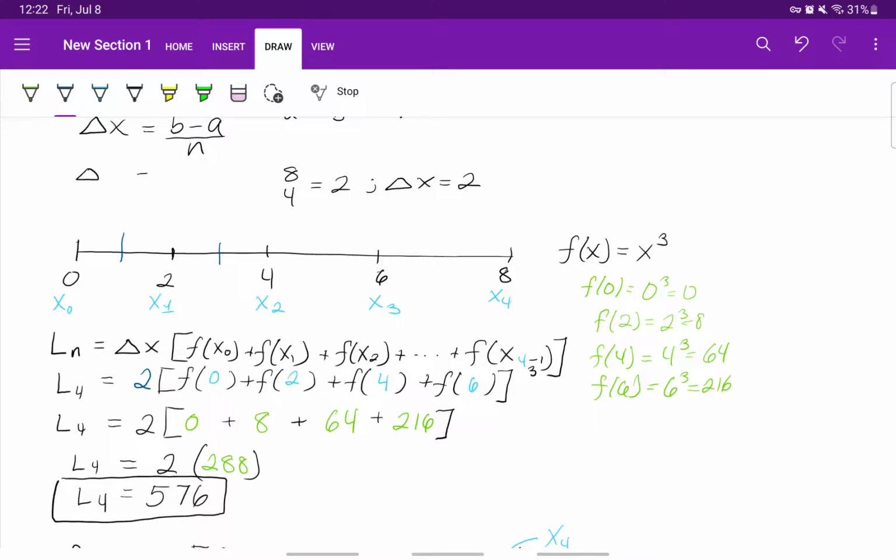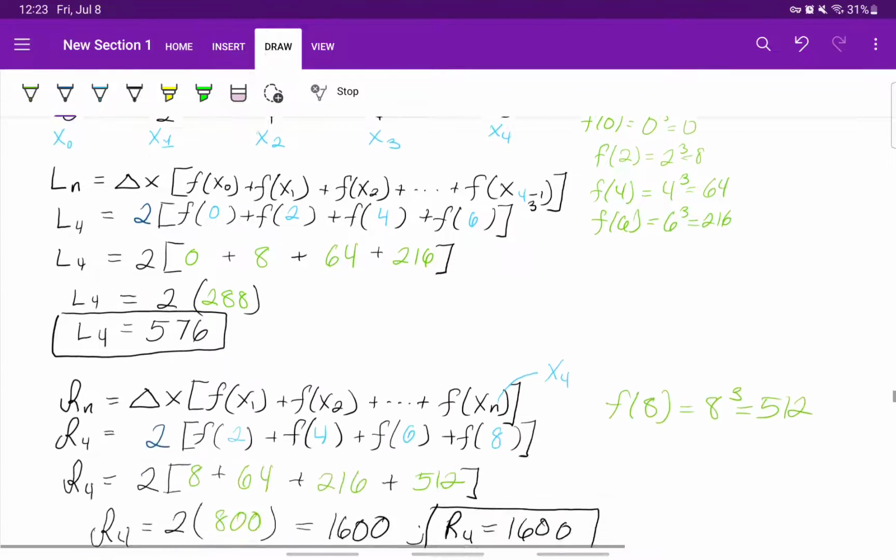I'm going to erase my delta x because I already know what that is. So x bar 1 is 1, x bar 2 is 3. The middle value between 4 and 6 is 5, so x bar 3 equals 5. And the middle value between 6 and 8 is 7, so x bar 4 is 7.